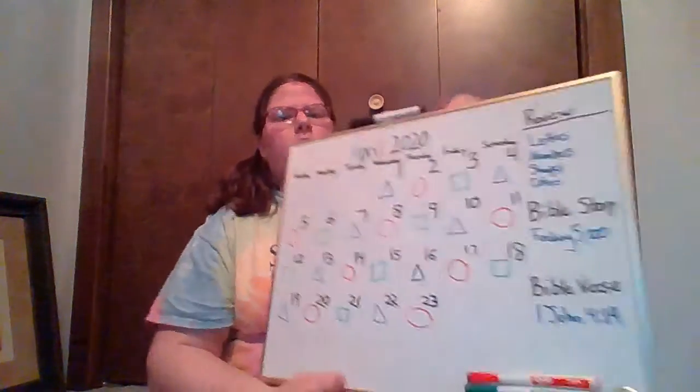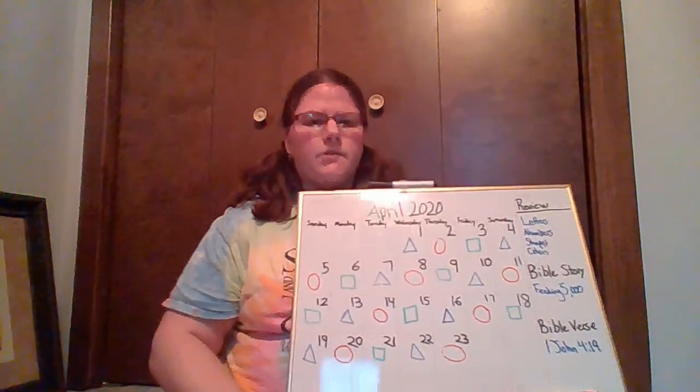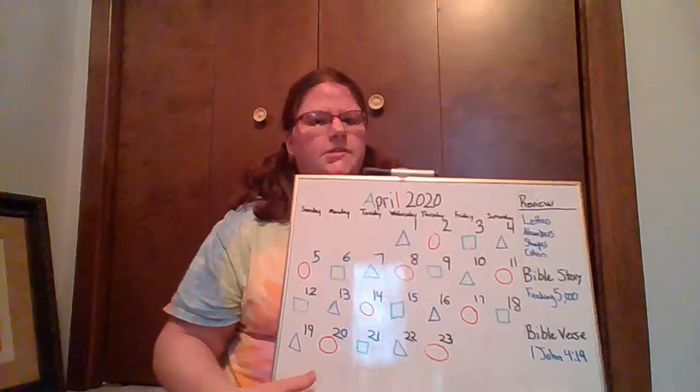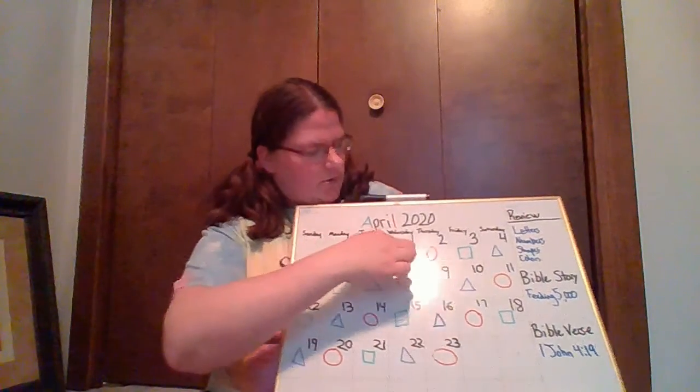Hi everyone, it's Mrs. Carmine, and it is calendar time. So, we've got to figure out what our number is for today, but we have a lot of numbers that we have to add in before we figure out today's number. So, can you help me count? We got to start with 1.